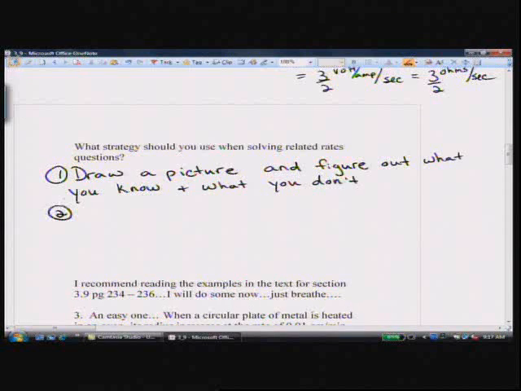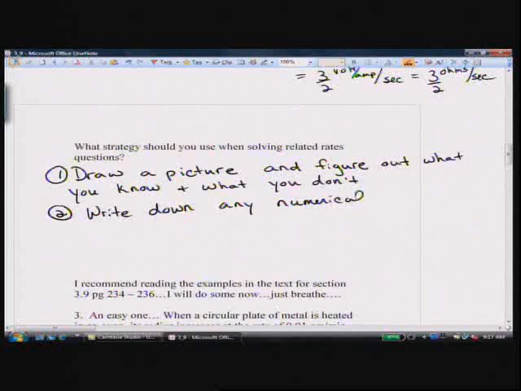Strategy 2 is to write down any numerical information. The third thing you should do is write down what you are asked for.